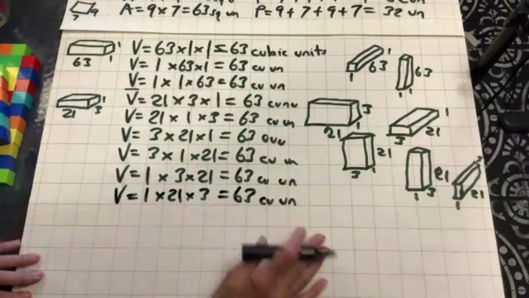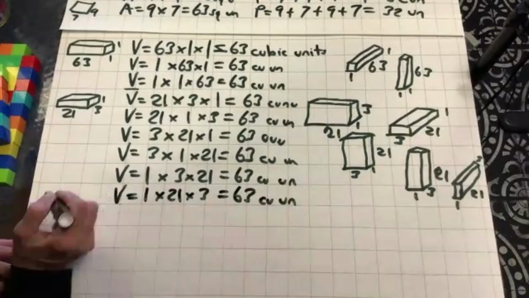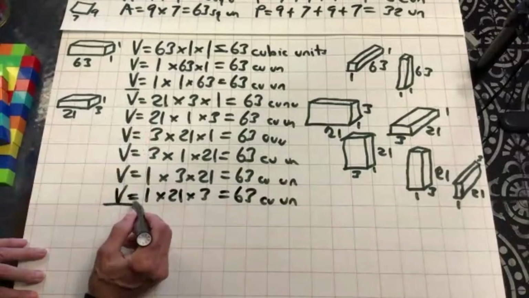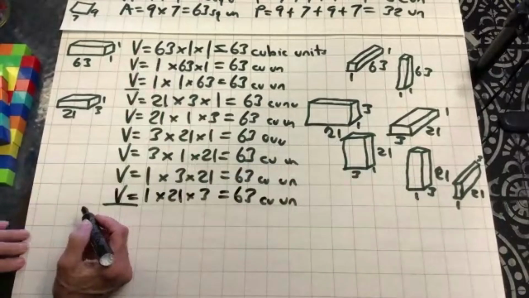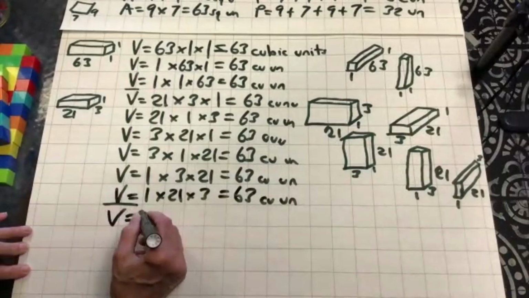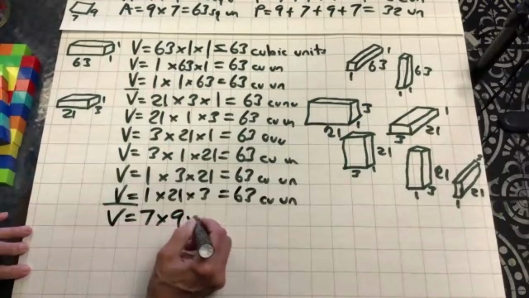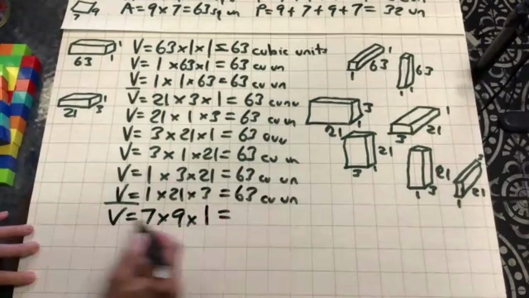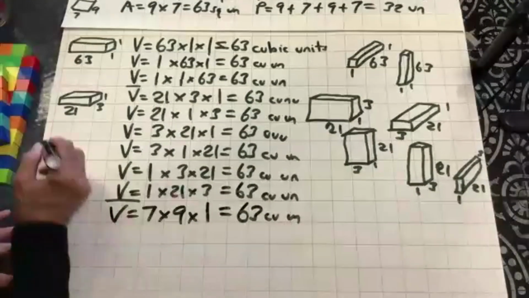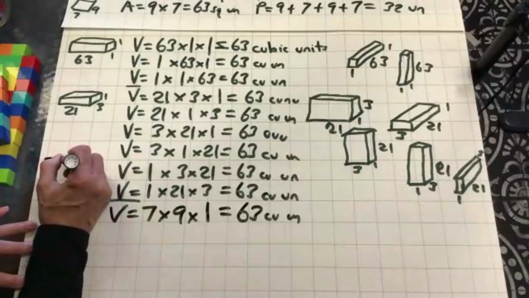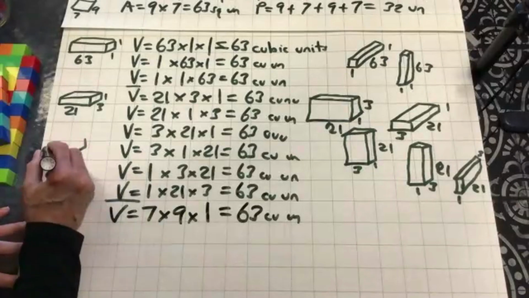All right, last but not least. So we have 6 there, 3 there, 6 of those. Now let's do our 7 by 9 by 1.